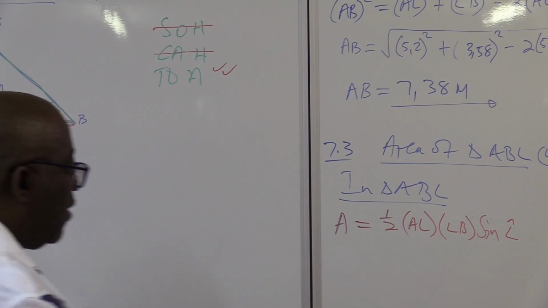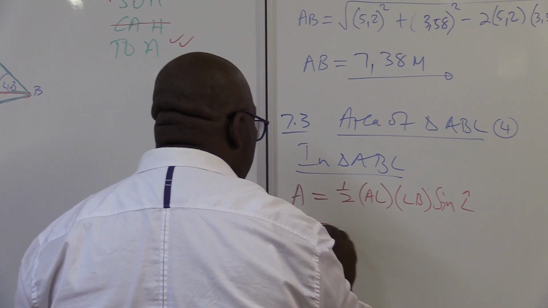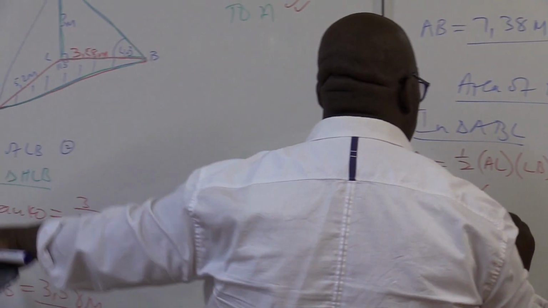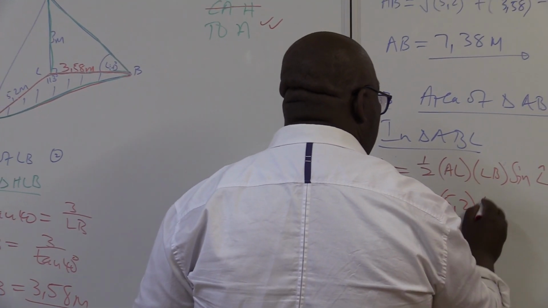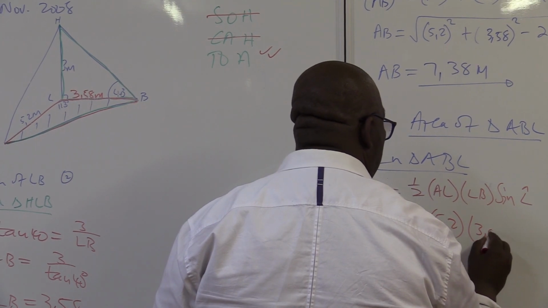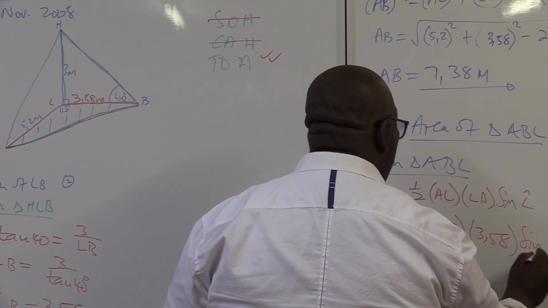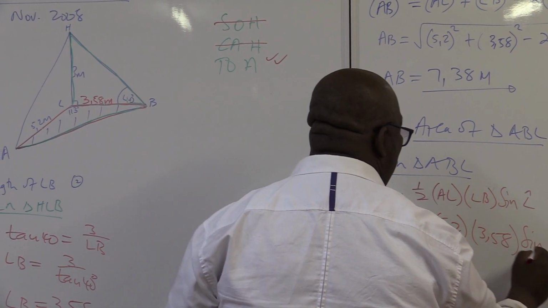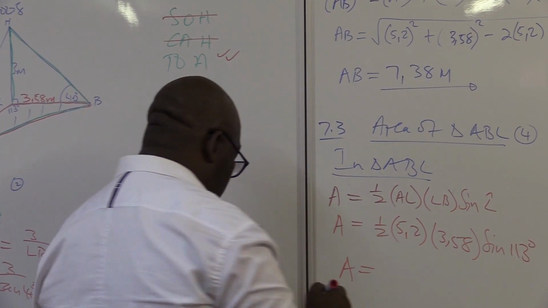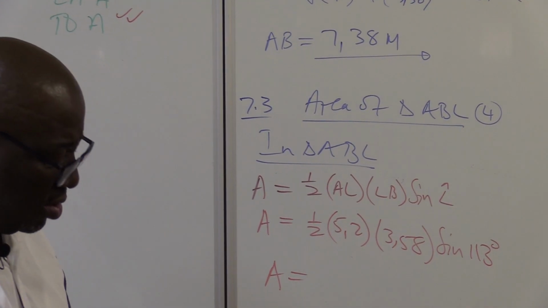Let's substitute. Then our area will be equal to half. What is AL? It is 5,2 times LB. What is LB? It is 3,58. Sine of L. What is L? It is 113.